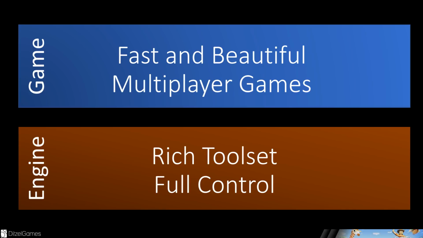And the other component you should have a look at is the engine. You want to have a rich toolset and full control over the engine. This is absolutely necessary if you are working in a big team. You have different roles, and every role in your project needs a different toolset, and the toolset has to be there.